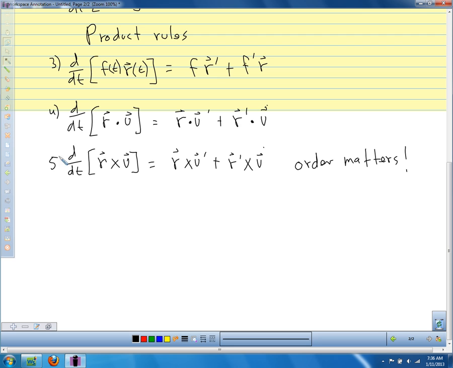A couple more properties. These are the ones that we use to prove things a little later in the semester. We'll have the chain rule.